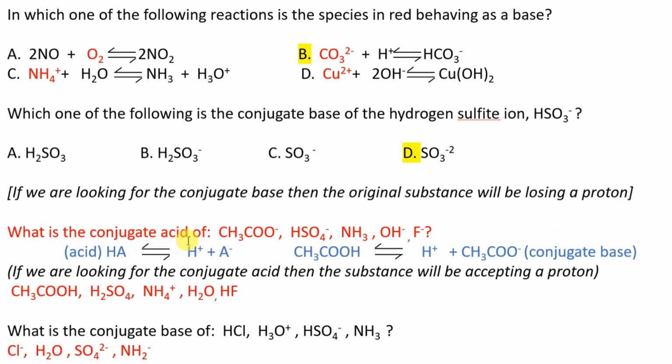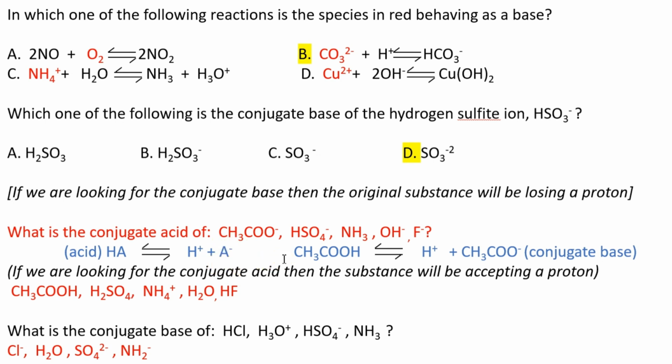So what is the conjugate acid of, and I've got 5 substances. Let's do all this at the same time. If I've got an acid and it donates its H+, the other product, A-, is the conjugate base.